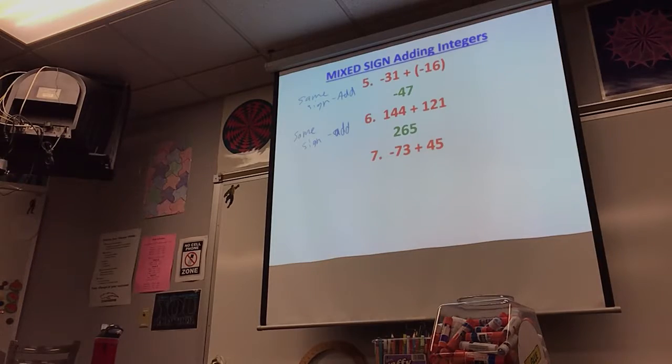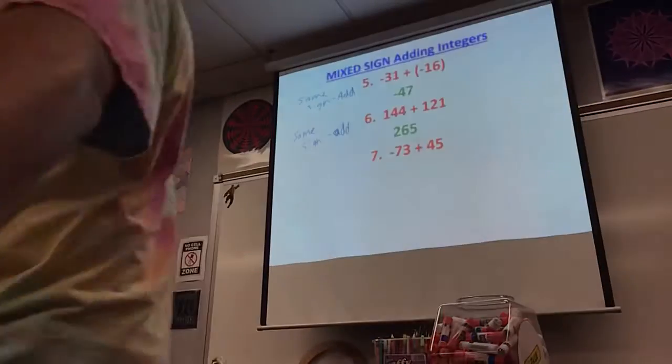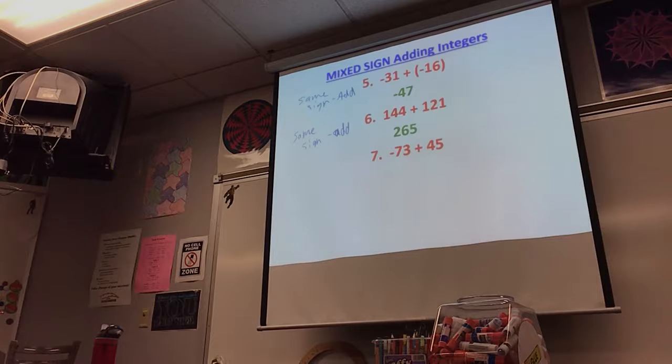Ready? We'll do it with me. Same sign, add. Different sign, subtract. And keep the sign of the bigger one so you can be exact. What? Oh, you get to do it. You gotta be a pro. Ready? Same sign, add. Different sign, subtract.